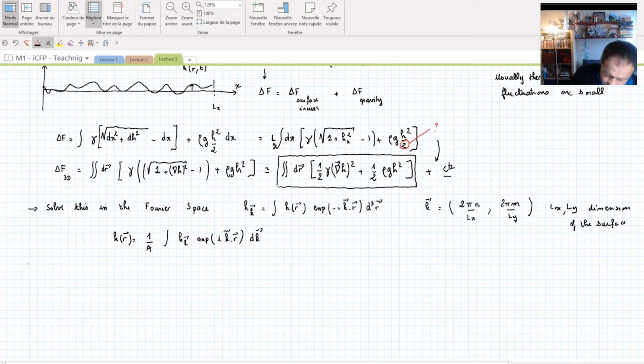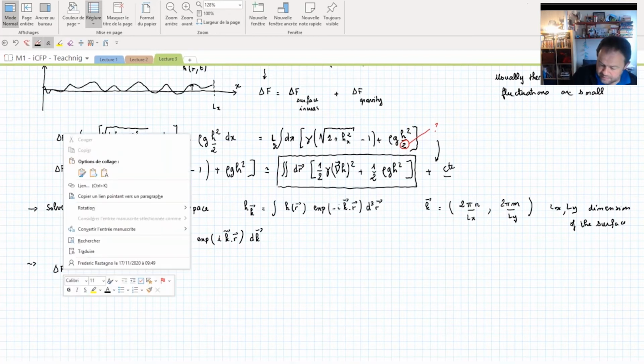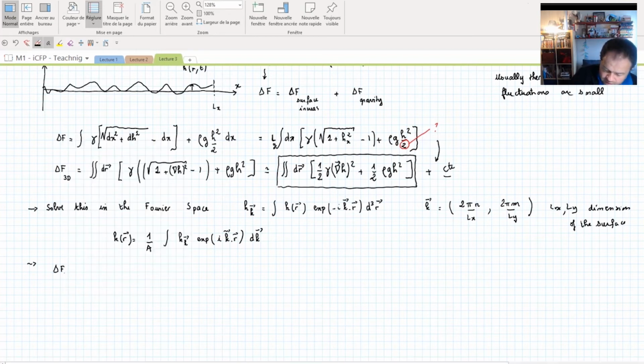Well, why are we doing that? We are doing that because with this kind of Fourier transform, we can calculate the delta F 3D, and I will write delta F 3D again.